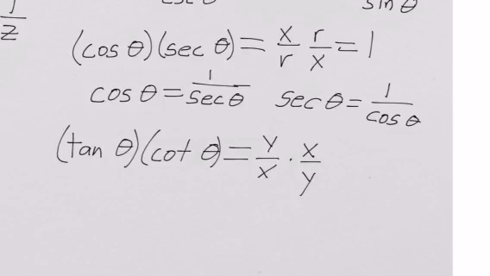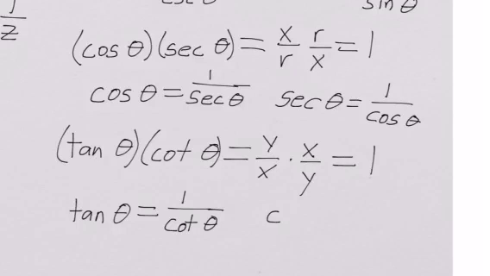Again, everything cancels out, and I get 1. So I can say the tangent of theta is equal to 1 over the cotangent of theta, and the cotangent of theta is equal to 1 over the tangent of theta.